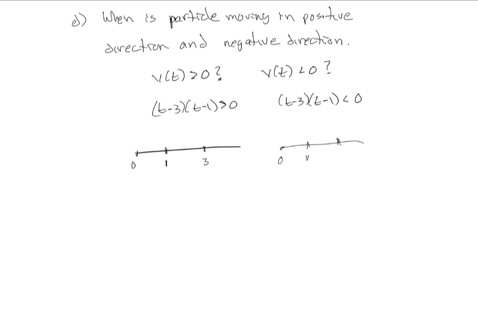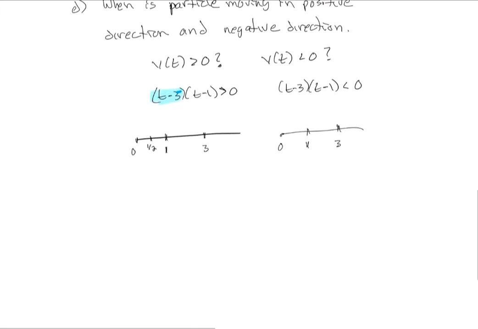So I'm going to plug in, let's say, t equals 1/2. If I plug t equals 1/2 into the first factor, 1/2 minus 3 is going to be negative, so I'm going to have a negative number.